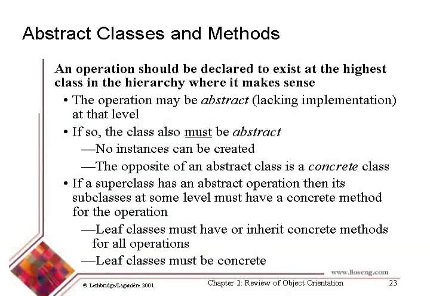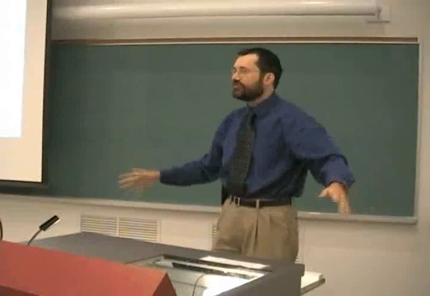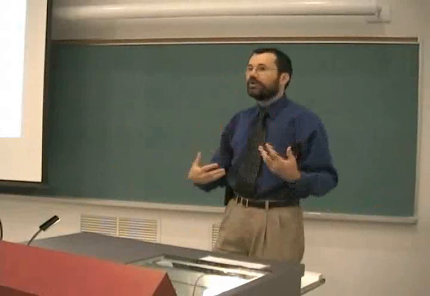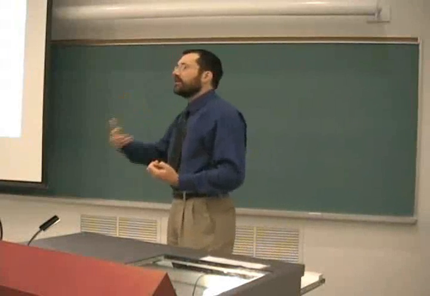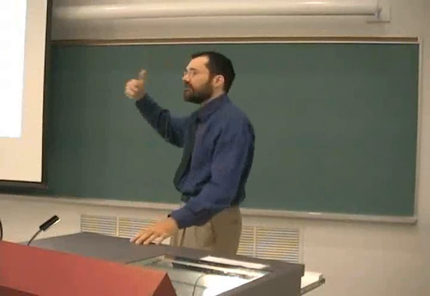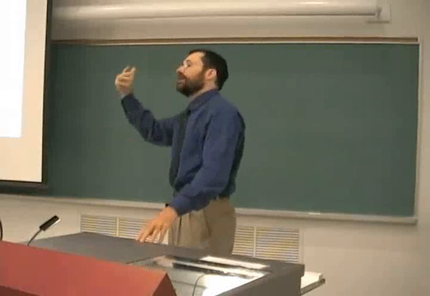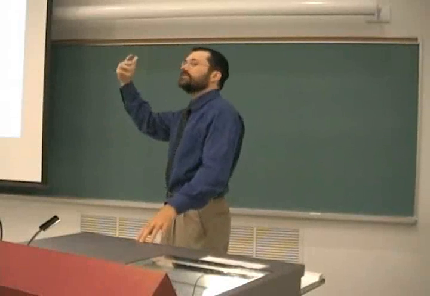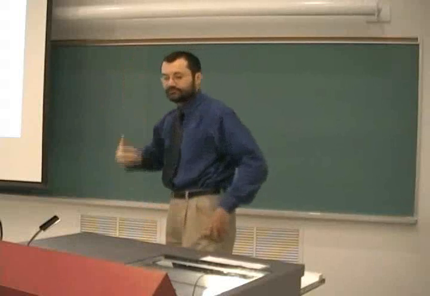What we're saying is that you will then have implementations somewhere down in the hierarchy before you reach any of the leaves. So you have to think, does it make sense to move an operation to a higher level? Whenever you add an operation, should it go at a higher level? If it makes sense at the higher level, then put it at the higher level.